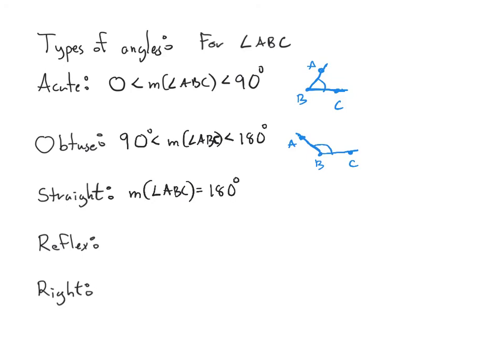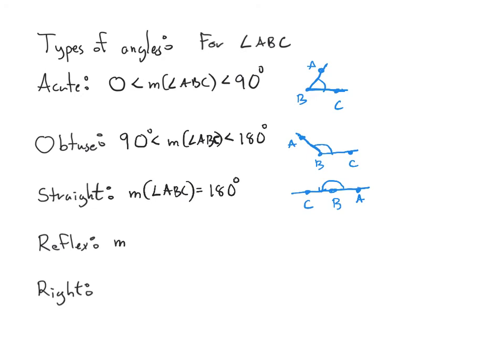So what does that look like? That looks something like this. So here's my B, here's my A, here's my C. And this angle here is 180 degrees. That's a straight angle.